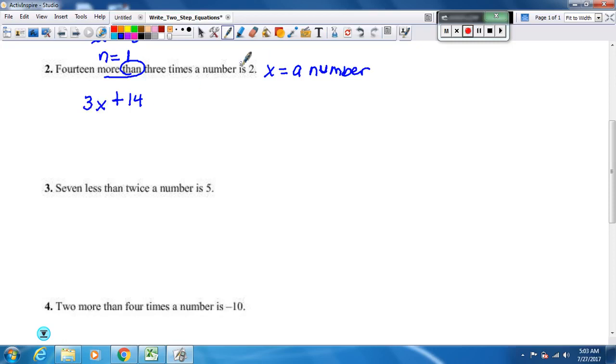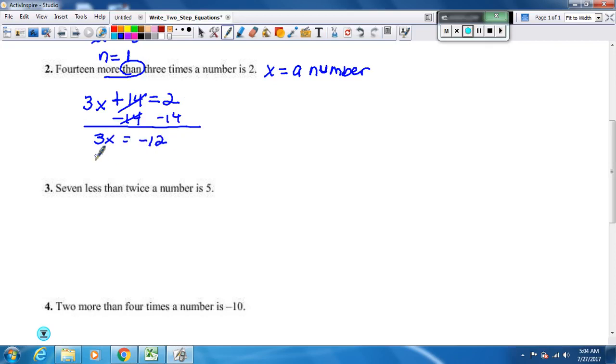Then you have the word is, which means equals 2. Now to solve it, I'm going to subtract 14 from both sides. So 3x, opposites cancel, equals 2 take away 14, which is negative 12.